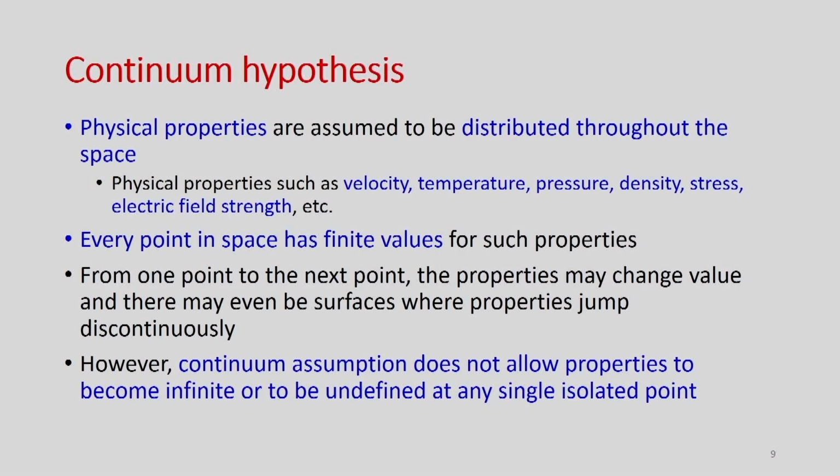It talks about physical properties such as velocity, temperature, pressure, density, stress, electric field strength, etc. These properties are assumed to be distributed throughout space, and every point in space has a finite value for such properties. From one point to the next the properties may change value, and there may even be surfaces where the properties jump discontinuously.